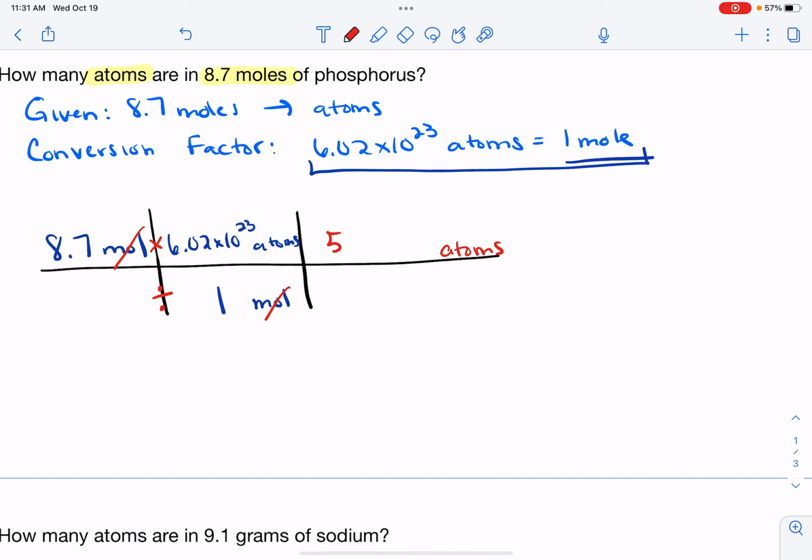And you should get 5.2 times 10 to the 24th. And when you're writing down that answer, don't forget to include that times 10 to the 24th. If you just had 5.2 atoms, that would not be correct. So we notice this is a little different from before because when we're dealing with atoms, we don't need that molar mass, so we don't need to look at the periodic table at all.